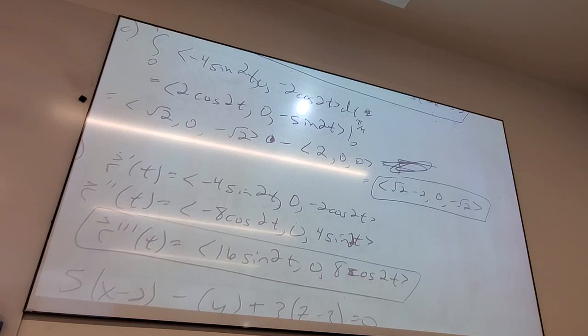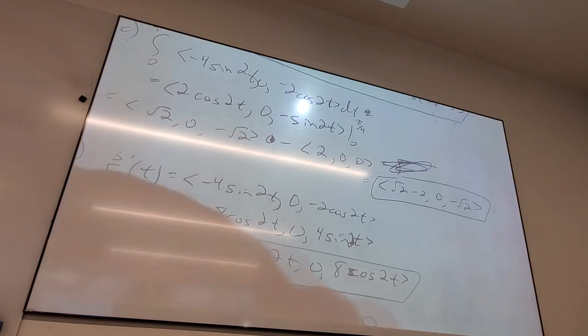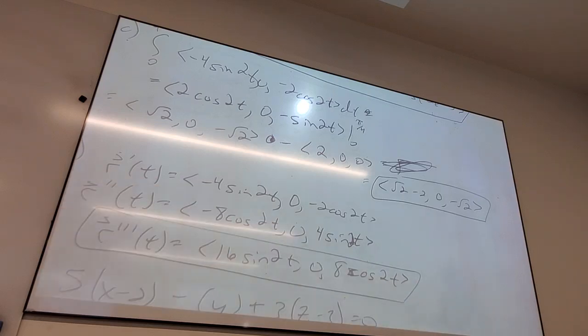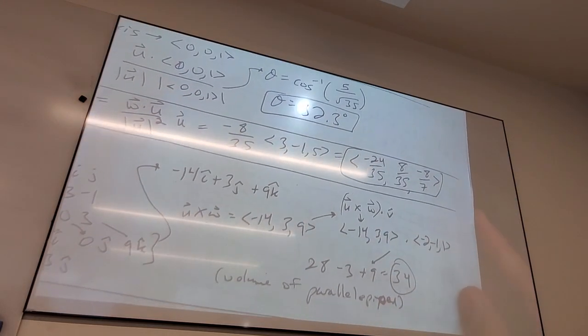So let's see. Yeah, 210 comes from this. Oh, here we go. Angle between U and V is 90. But isn't the angle between U and V 90? It doesn't, because there's no angle given.